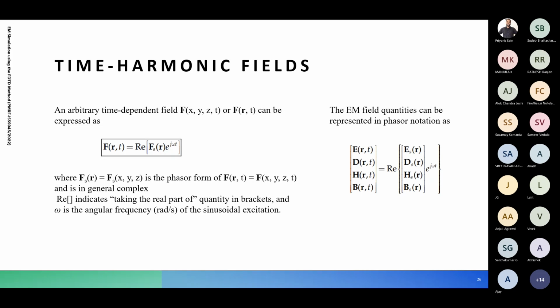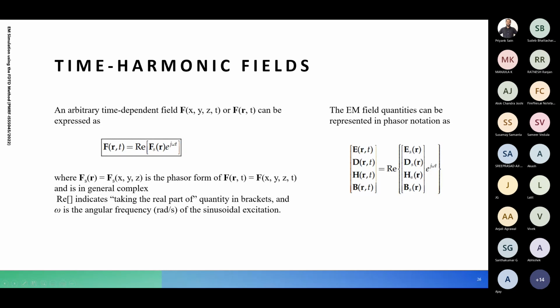For a time dependent field f, we can write f(r,t) in its real form, where the frequency component is given by e to the power j omega t, and you only need to focus over here. So for any time dependent field, we will express it using this expression. Similarly, for all the required electric and magnetic fields, we can express them in this form.